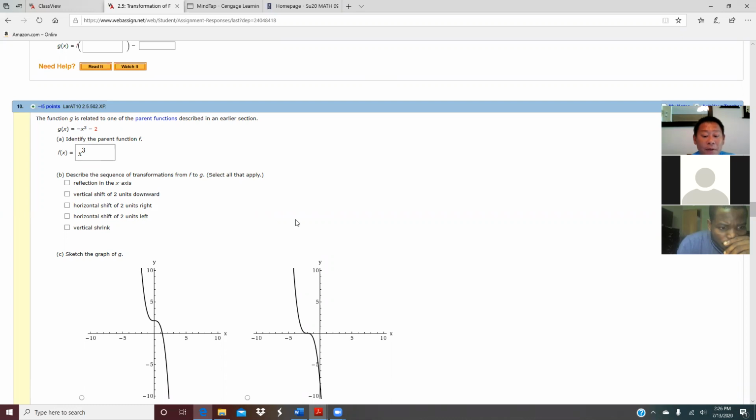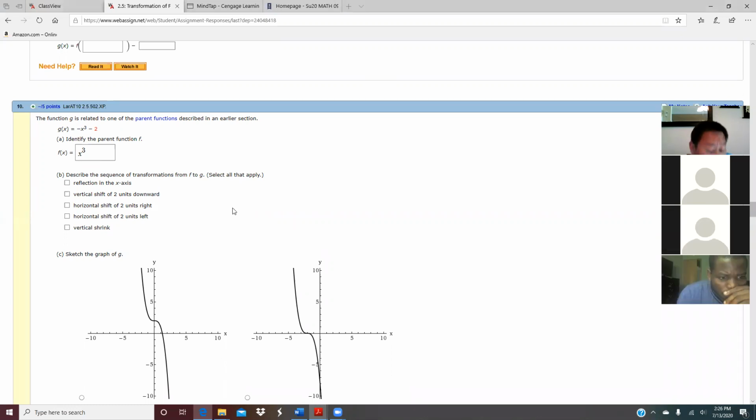Anyone? Horizontal. The negative and the -2. Anyone know what this 2 means? What transformation do we have? Horizontal shift 2 units right.